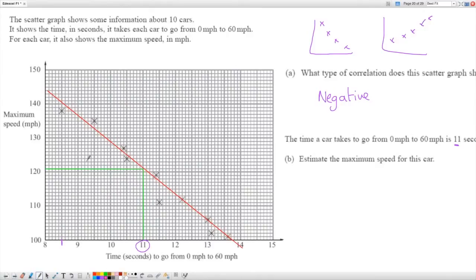For my graph shown here on the screen, my value is coming out as 121. However, in an exam, an examiner would accept any answer between 117 up to 123. So just make sure that your value for your line is coming somewhere between 117 and 123.